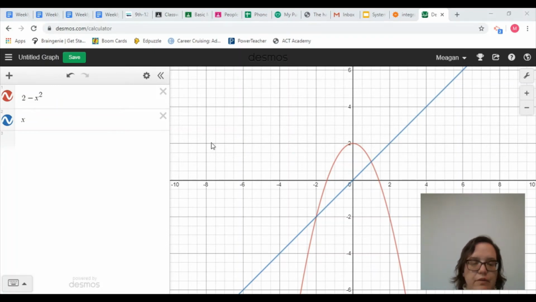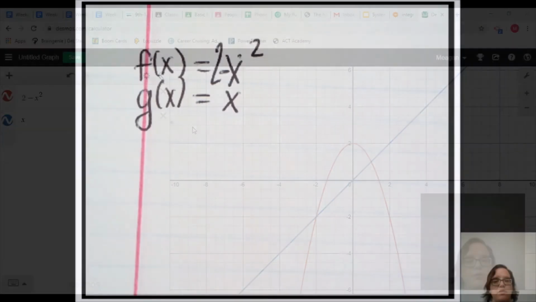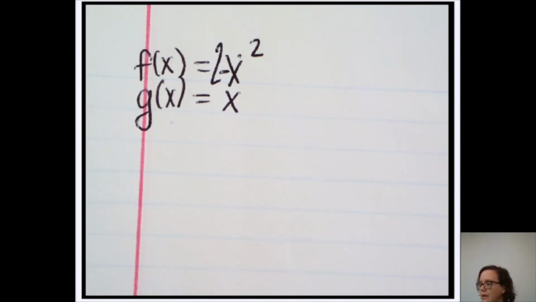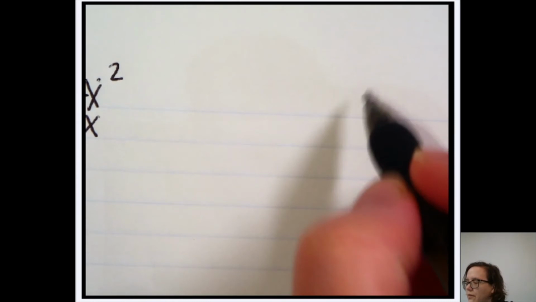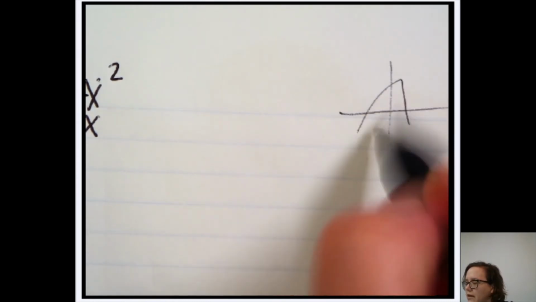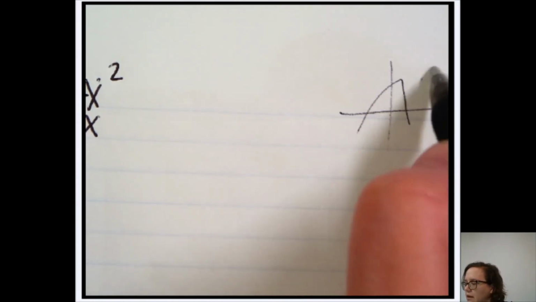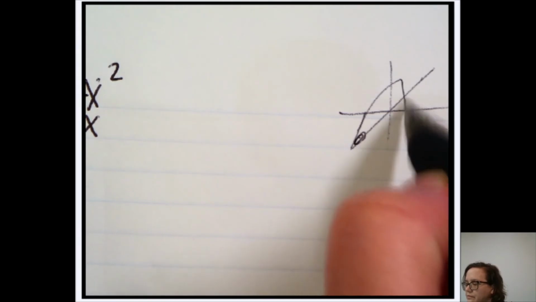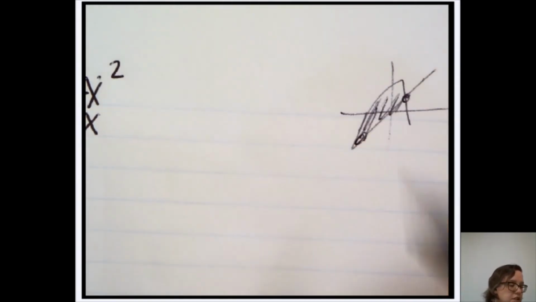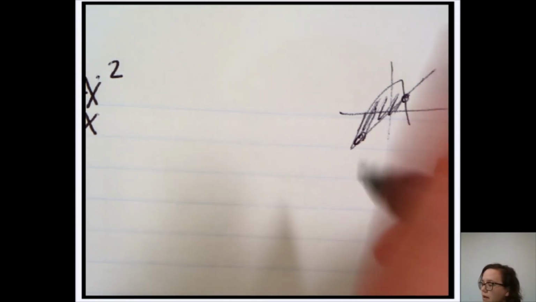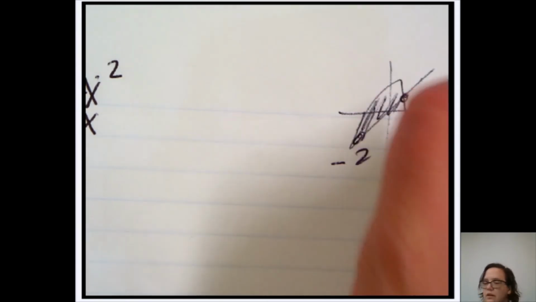So I will try not to forget to bring you along next time. So we had something like that, and it doesn't matter, but just kind of give ourselves a sketch. And we said it went from -2 to 1.